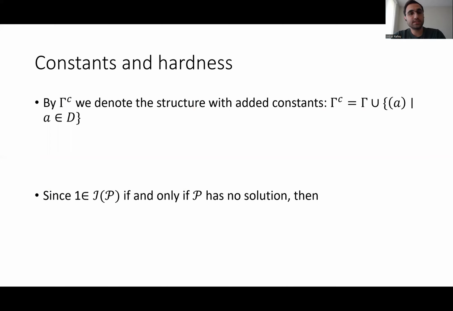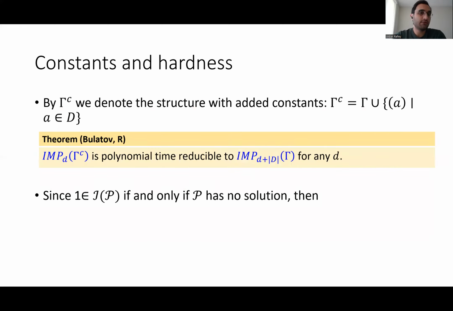So what we are interested in here is to study the algebraic tools that have been developed for the study of CSPs, and see how they work for the IMP. First of all, we can observe that if we add constant relations to our constraint language, the complexity doesn't change.